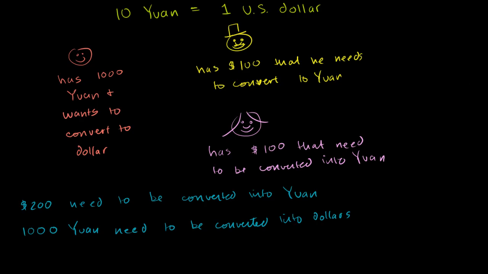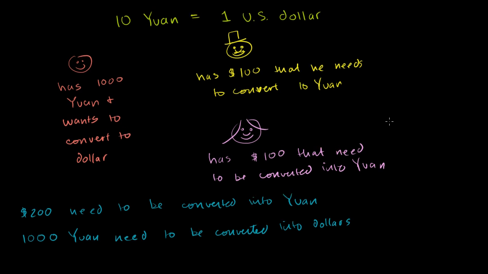All of these people might just go on the internet and look up the current exchange rate, or the last exchange that occurred, and say, hey, me over here, this $100, I should be able to convert it into 1,000 yuan. But she also says I should be able to convert this $100 into 1,000 yuan. So they collectively think that that $200 can be converted into 2,000 yuan.